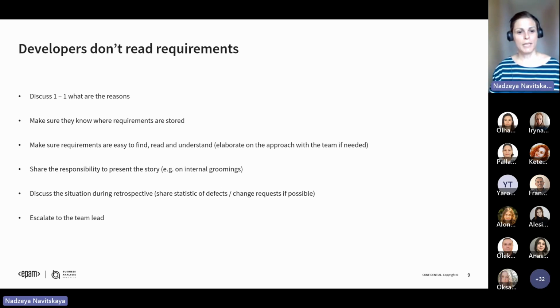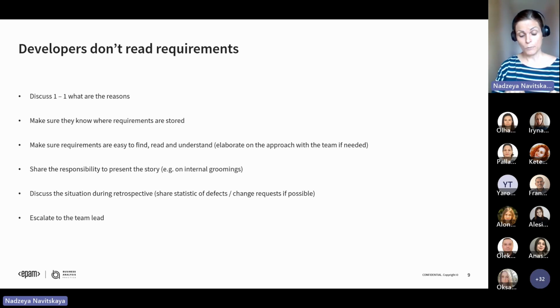And if nothing helps, the last point, which I like less, is that sometimes you have to escalate this to the team leader. Because in my experience, I had a very funny case when I was writing stories, and after some time I found out that the developer did only what was in the header.